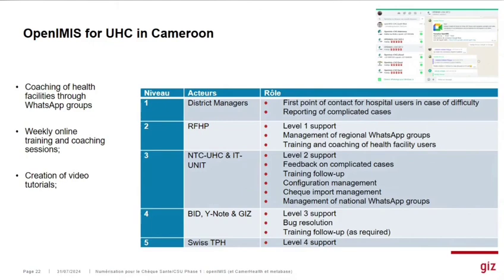They are at the level of the third level support, fixing all the bugs and preparing all the trainings. At the fifth level, the fourth level support is Swiss CPH. So everything directly in regard to the community, to the openIMIS community, is managed at this level.